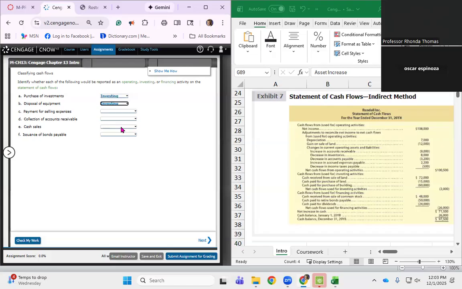How about a payment? Payment causes cash to go down. Okay, payment for selling expenses. Okay, what section are you selling stuff? Should be up here in operations, right? That's where your revenue is, your income statement. We started with the income statement. So the payment of selling, this is selling expenses. Yep, it's going to be in the operating section. You say, I don't see selling expenses in this recipe.